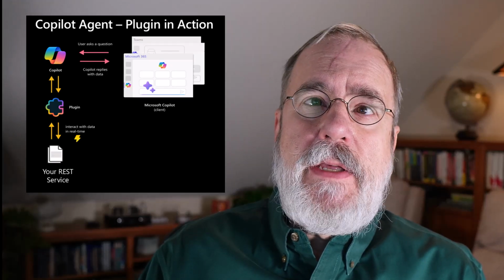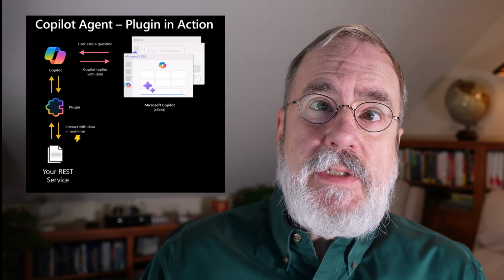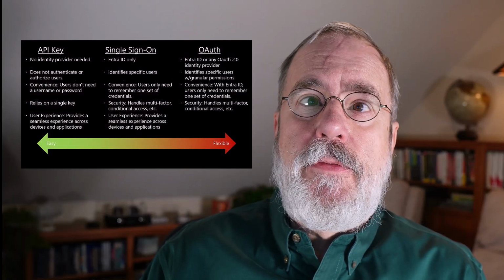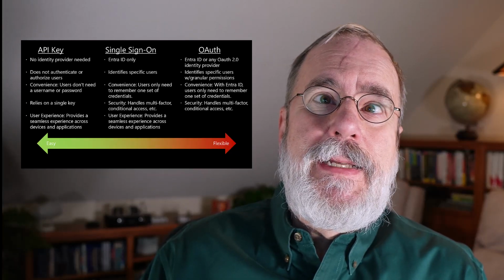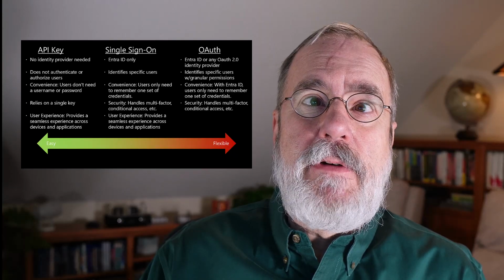The reality check, though, is that most APIs are authenticated, as they should be, especially if something important is behind them. Declarative agents support three different options for authentication, in addition to, of course, an anonymous version, which is great for demos, but probably not really that frequently seen in real life.